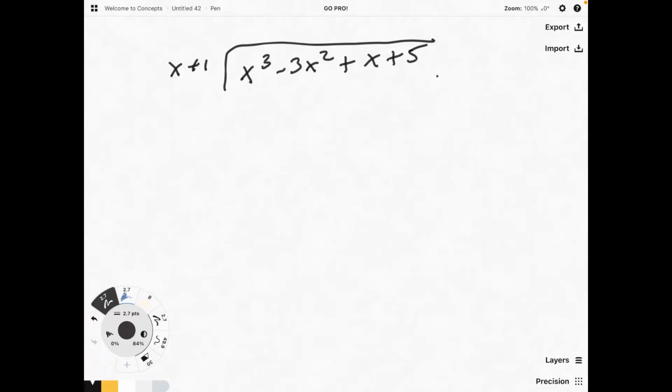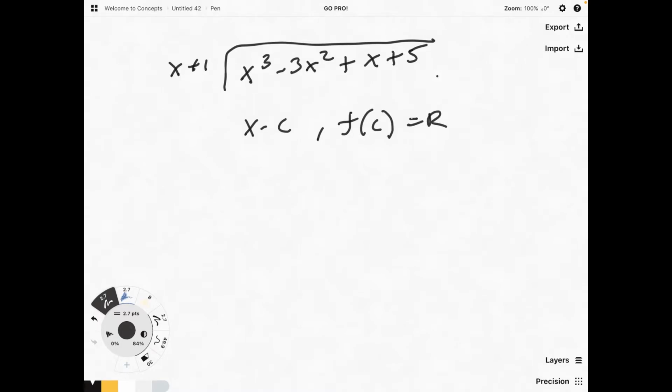In this case, we're going to use the exact same polynomial, x cubed minus 3x squared plus x plus 5, but this time instead of doing x minus 2, we're going to do x plus 1. When we have x plus 1, we can use our special property, which says if we have x minus c, then f of c is equal to your remainder.